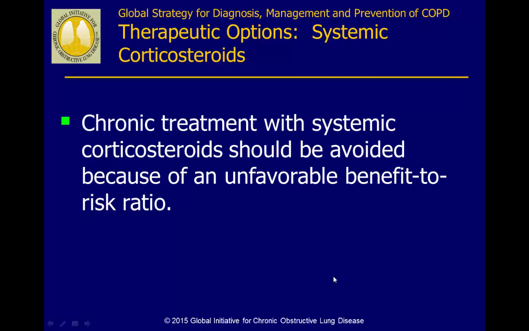Now, chronic treatment with systemic corticosteroids should be avoided, but also you have to look at the benefit risk ratio, because even though you know that steroids have a lot of side effects, right? They could maintain these patients stable, mostly patients that have severe COPD, and they could be kept away from the hospital.